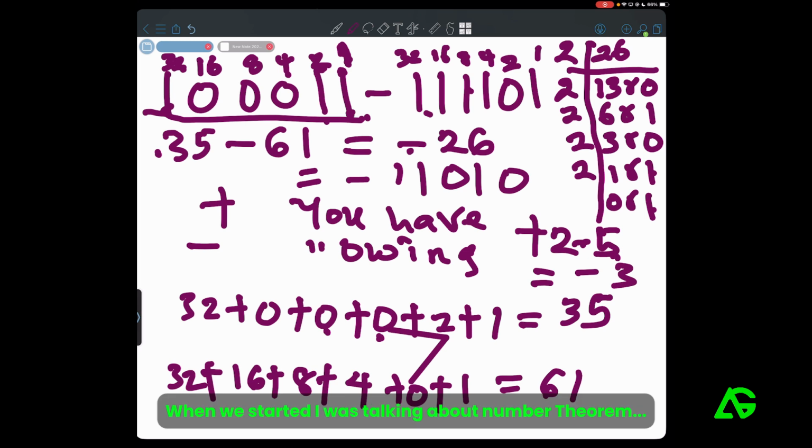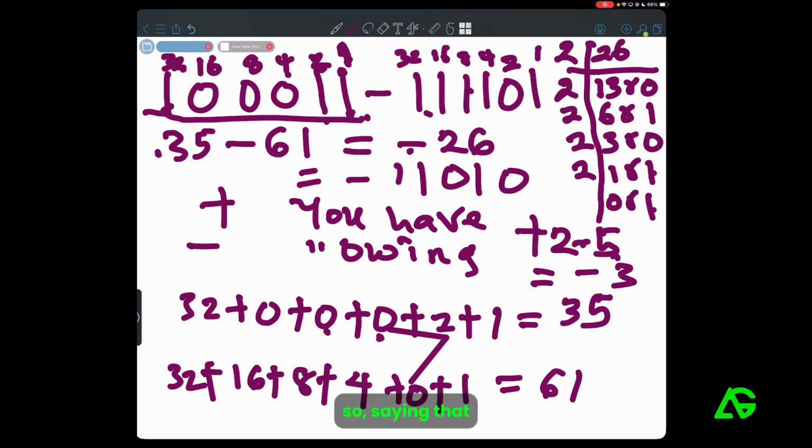You know, when we started, I was talking about number theory, saying that it has to do with properties and relationships of numbers. So those relationships and properties could be GCD, meaning greatest common divisor.